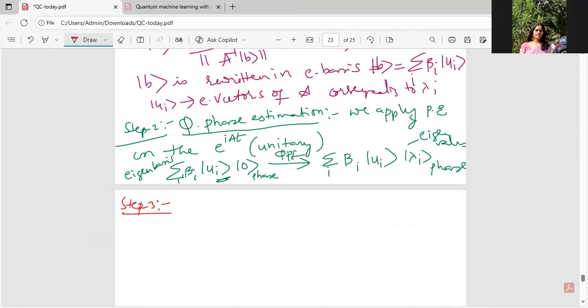In step 3, eigenvalue inversion has to be done now, for which we attach an ancilla bit and perform a controlled rotation depending on lambda i. If you ask me, for just inverting an eigenvalue, why are you doing such a hectic thing?